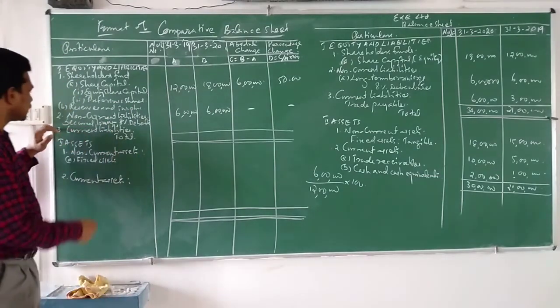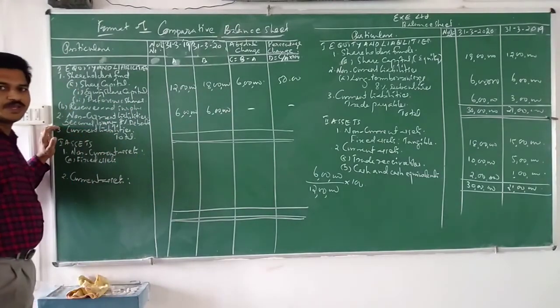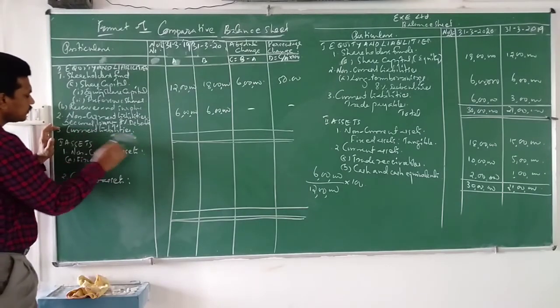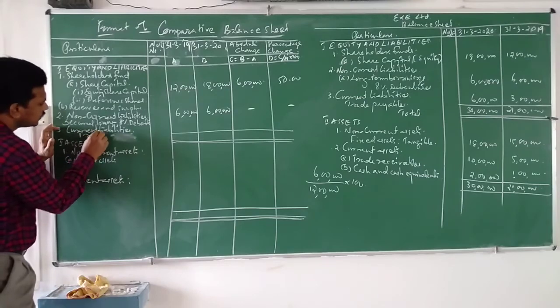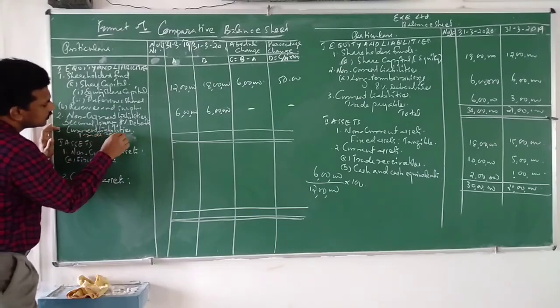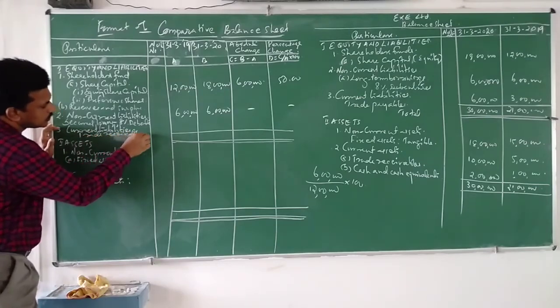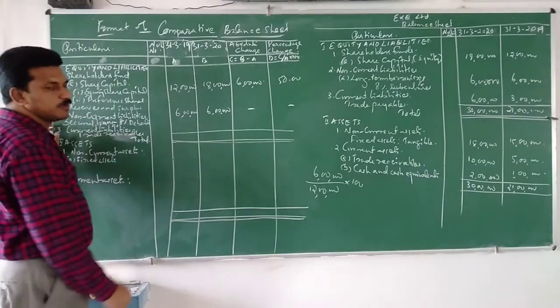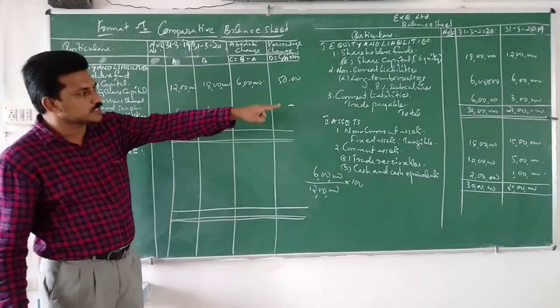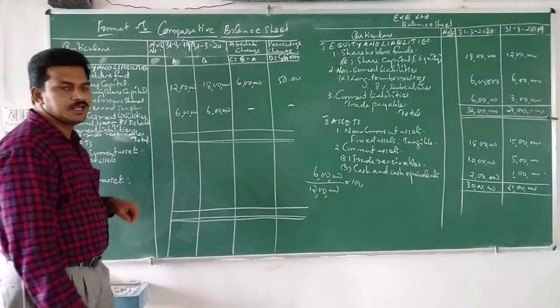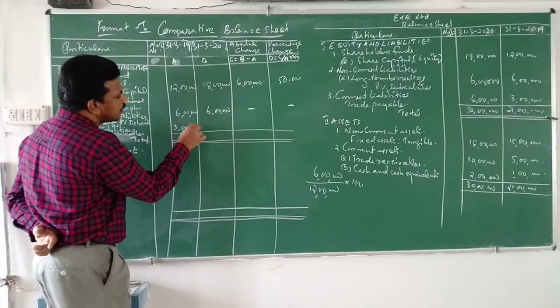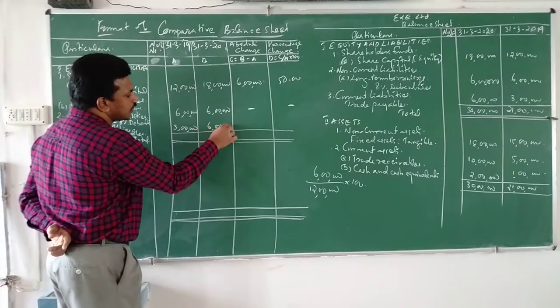The next item, current liabilities. In current liabilities, the item here is trade payables. Trade payables we have here 6 lakh and 3 lakh. Previous year is 3 lakh and this year 6 lakh.